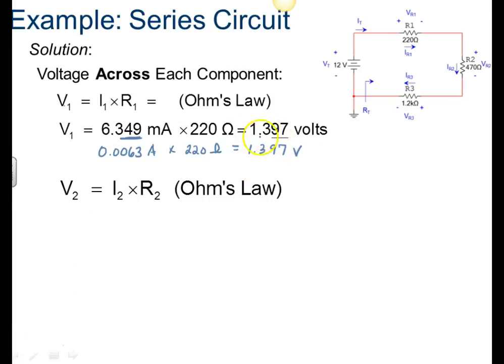Keep in mind that the answer that's given here, the 1.397 volts, did not come from multiplying these two numbers together. If you multiply 6.349 times 220, it actually gives 1,397, and it would not be volts, it would be some other unit, which would actually be millivolts. So 1,397 mV, then converting that to volts, we end up with the answer that they gave originally and the answer that I have here.